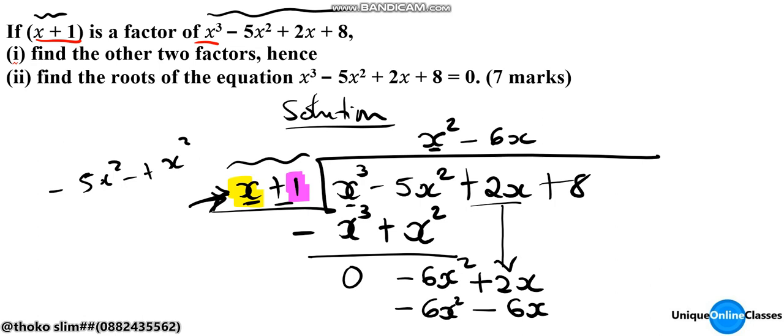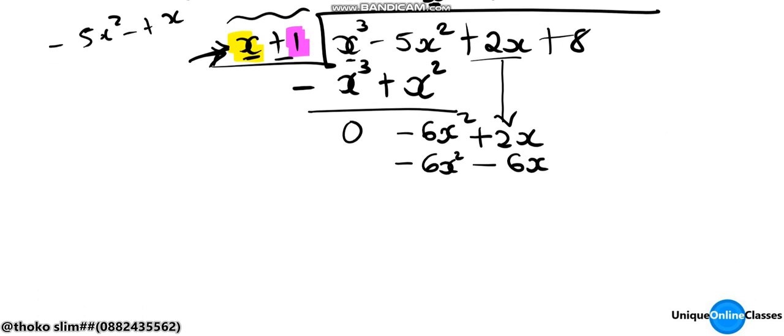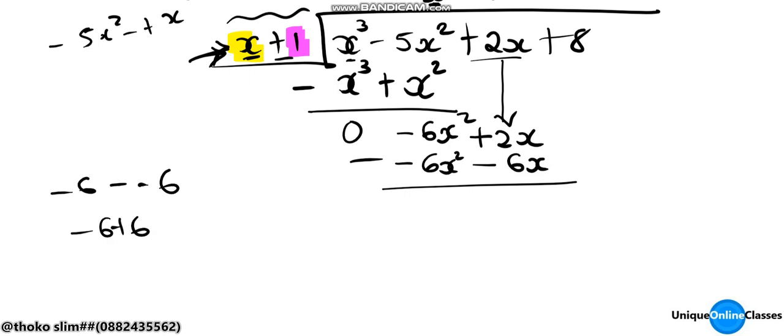So next thing, we should subtract, so that the first part is 0. Minus 6 minus 6, there is a minus 6 plus 6, which if you add here, the answer is 0.